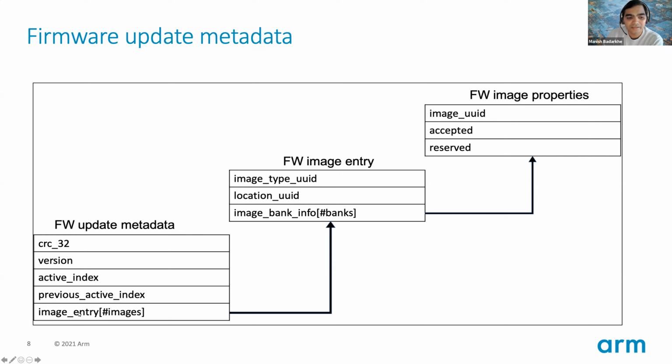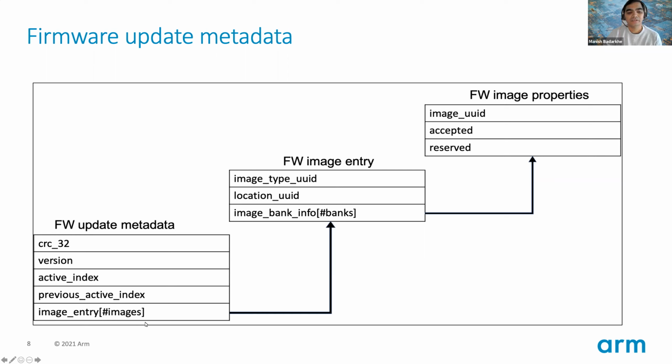It has another field, image entries, which will have the number of the images. On the ARM platform, we have only one image, as I mentioned: only the FIP image, which is a clubbing of all the images.